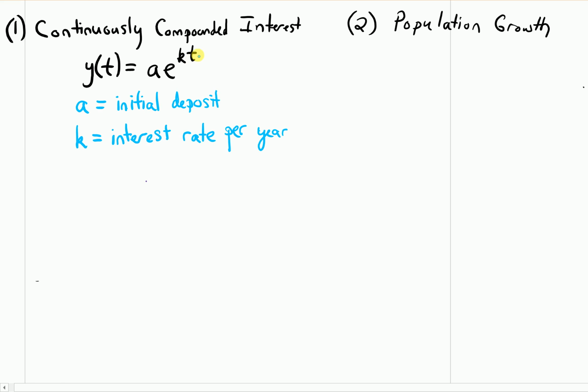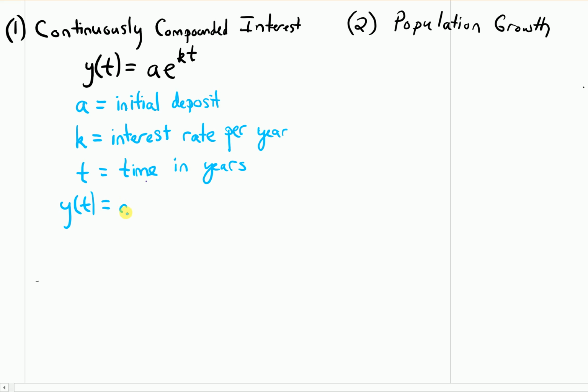Okay, t, the variable here, t represents time. So t equals time, and again, in all of our examples that we'll do, it'll be in years. So this is the time in years. Okay, and then finally, y of t. y of t represents the amount of money we have after t years.